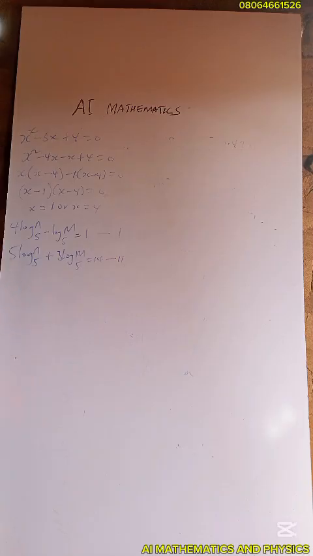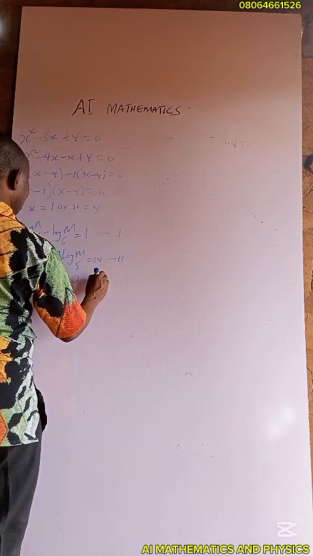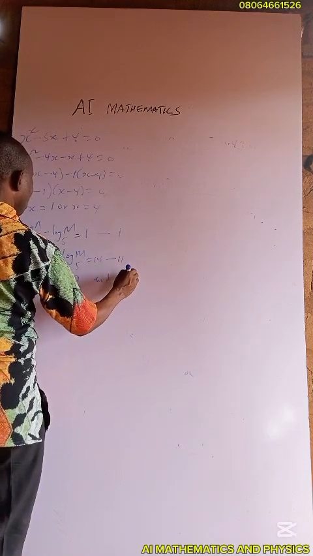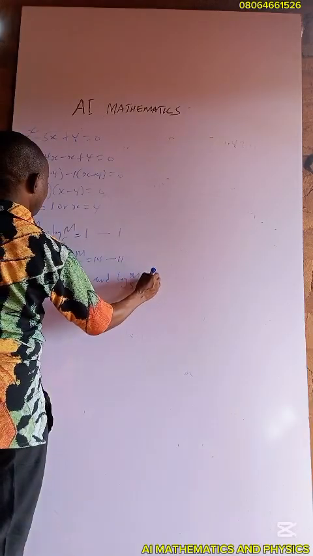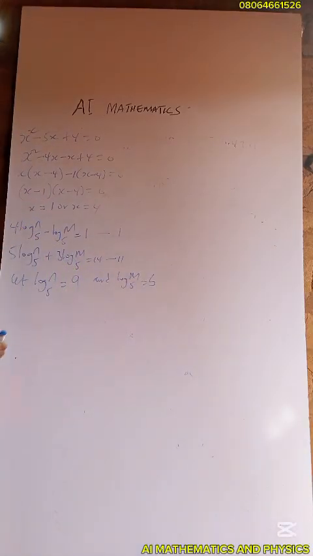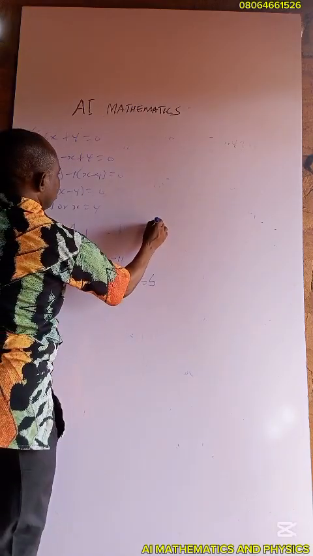Let log n base 5 be equal to a, and log m base 5 be equal to b.